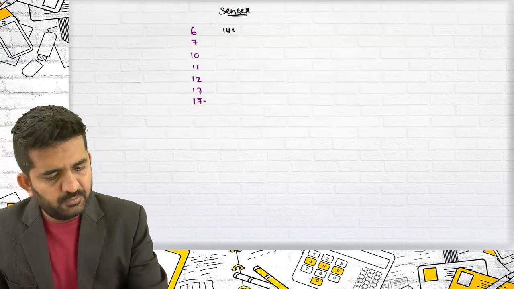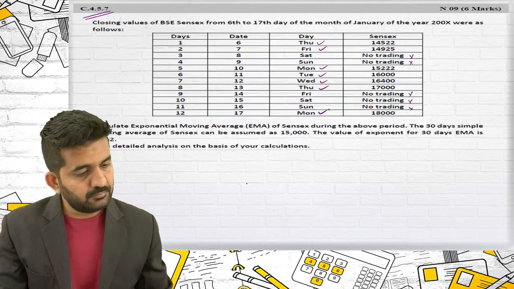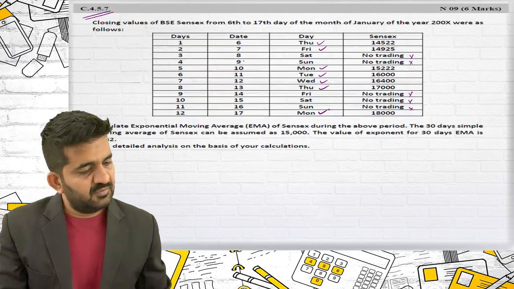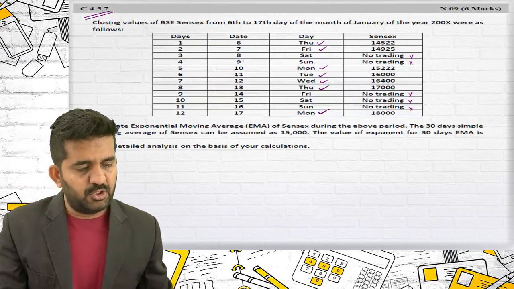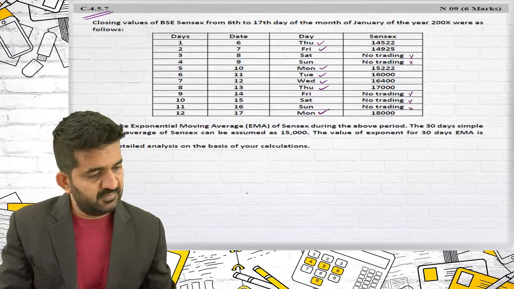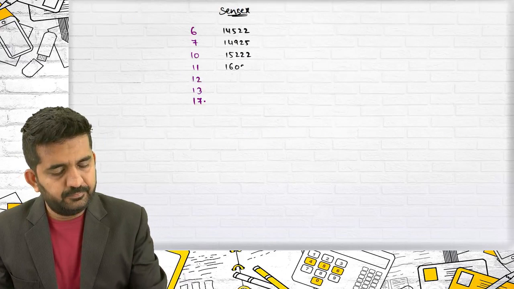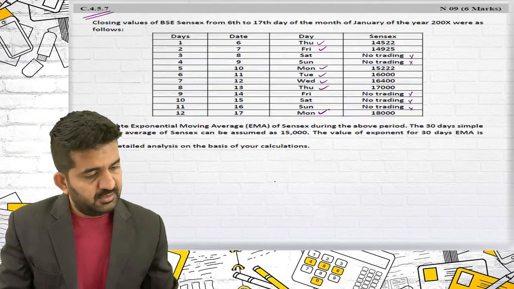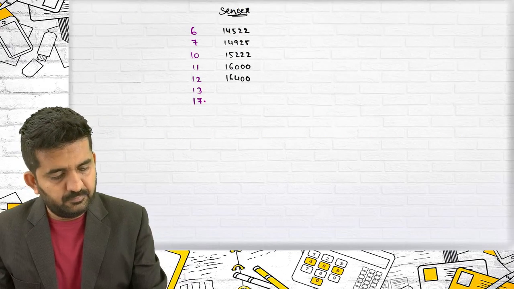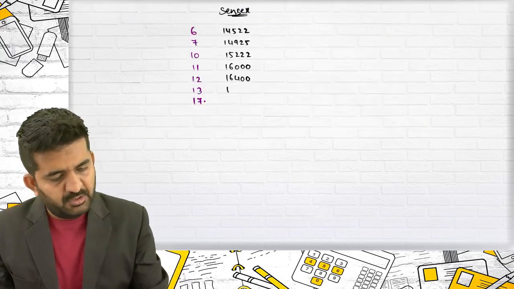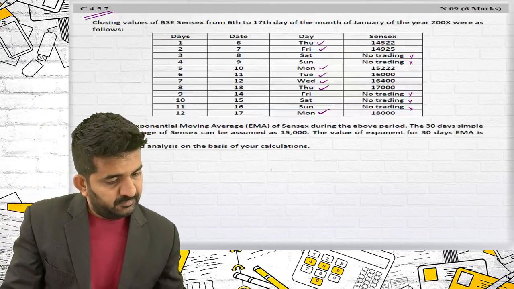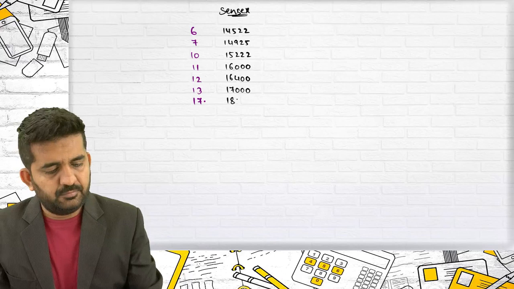14,522, 14,925, 15,222, 16,000, 16,400, 17,000, and 18,000.